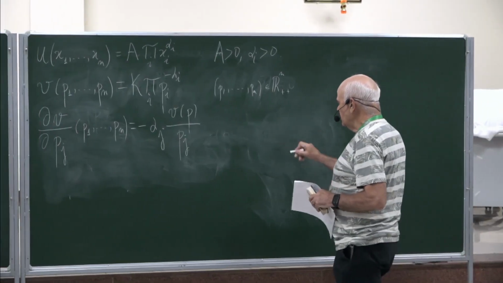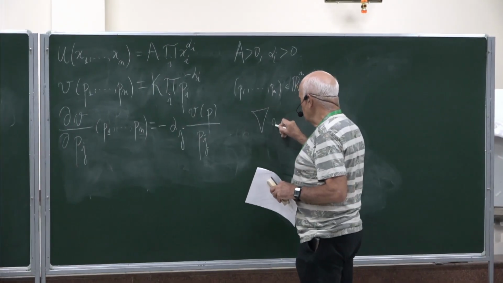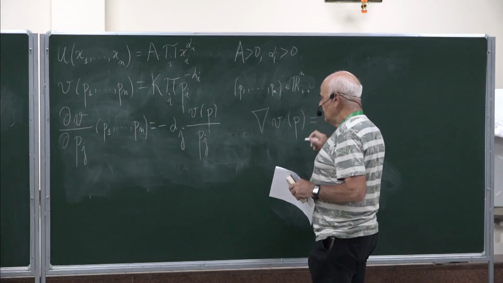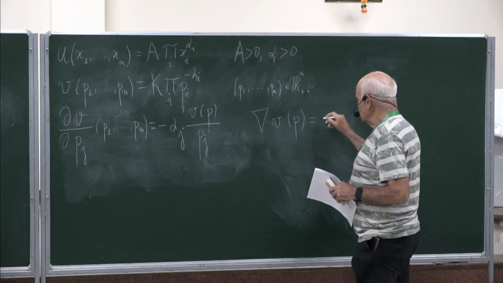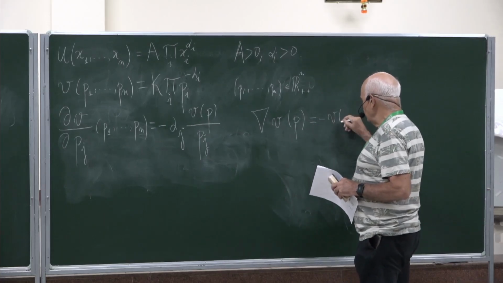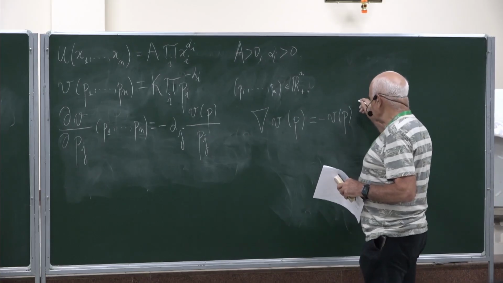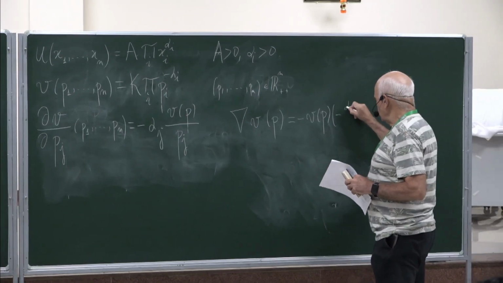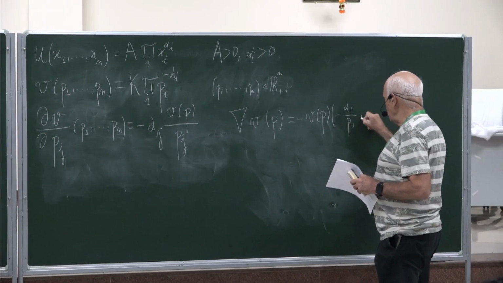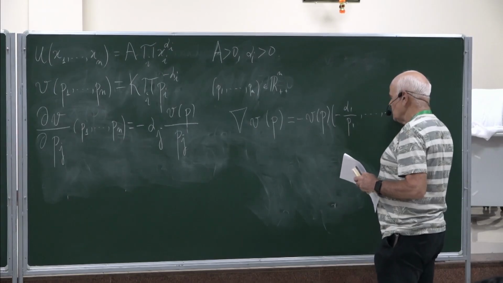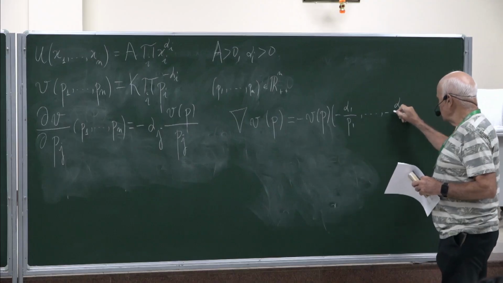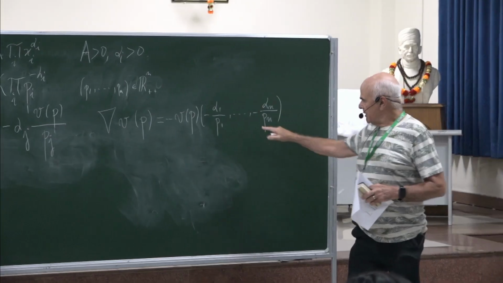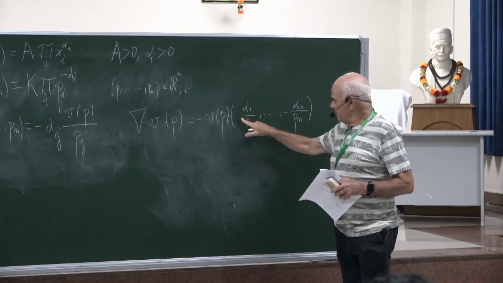So we know the gradient. So the gradient of v at p is minus v of p, which multiplies the vector minus alpha_1 over p_1, ..., minus alpha_n over p_n. The minus is already there.